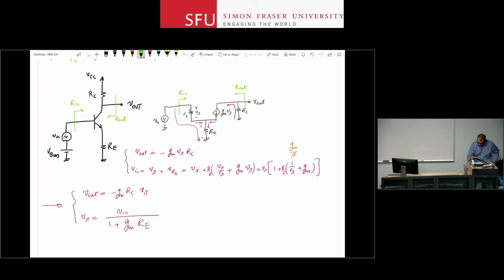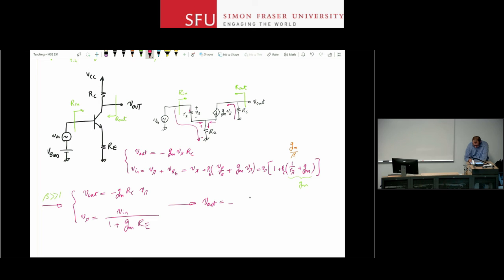If you replace this with GM, the entire thing becomes GM RE. If beta is much larger than 1, which is usually the case, even for a beta of 25 or 30, that's still a good approximation. Then I can plug V pi from the bottom equation into the top one, and therefore I have V out as a function of V in.